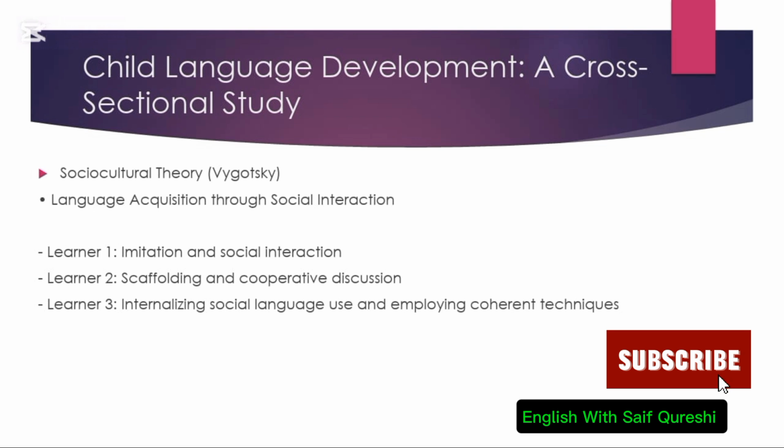These learners are internalizing social language use and employing coherent techniques. They use language in a way that is similar to how others use it. When they interact with others, they come to know how to speak in a language.